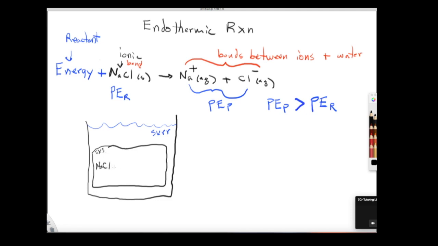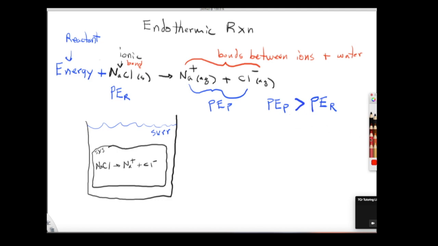So we're going to have sodium chloride going from the solid to Na plus, Cl minus, where the two ions are bonding with water. Now, in this case, you start out holding the glass of water, and it doesn't feel warm, it doesn't feel cold, it just kind of feels neutral, all right? Then you add the sodium chloride to it, and you're going to feel the glass of water start to cool down.